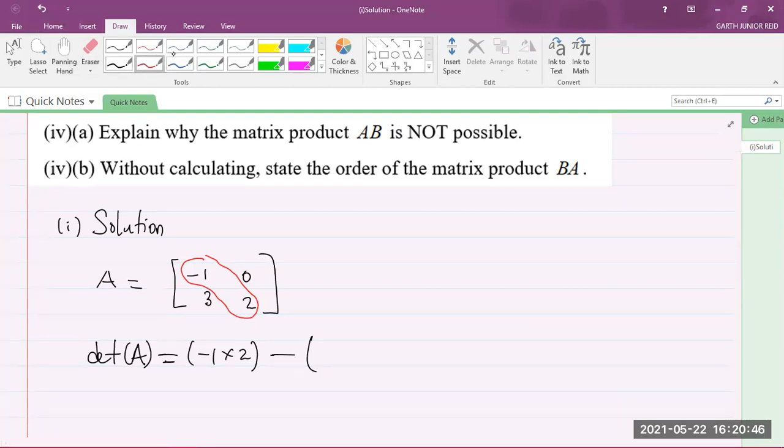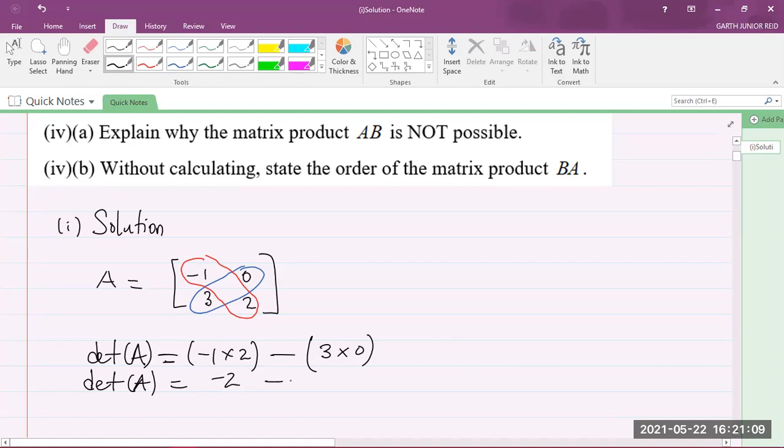These are the elements in the anti-diagonal, that's 3 and 0. So that's 3 multiplied by 0. So I can now say that the determinant of the matrix A is equal to negative 1 times 2 is negative 2, minus 3 times 0 is 0. So therefore, the determinant of the matrix A is negative 2.